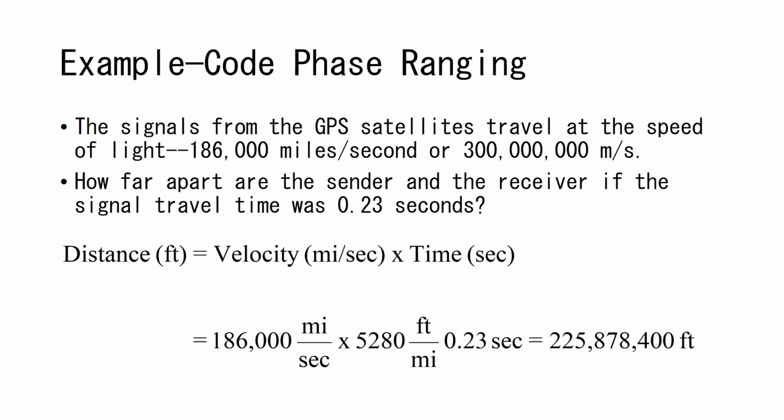And so we just plug that into our distance velocity equation. And so 186,000 miles per second, converting that to feet with 5,280 feet per mile, times the number of seconds that our receiver calculated, 0.23, we get just around 226 million feet distance between the receiver and the satellite.